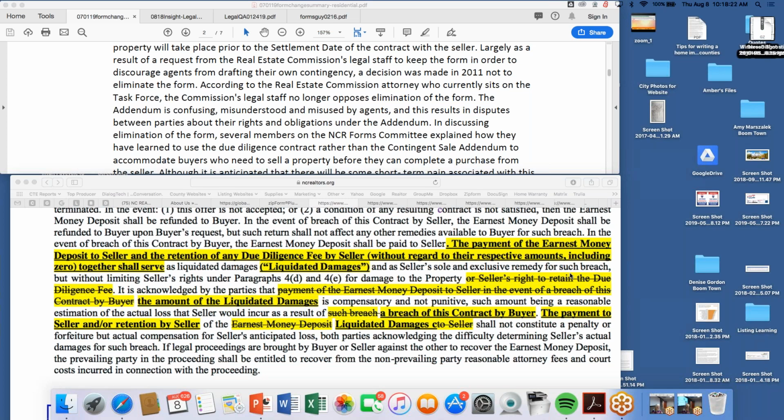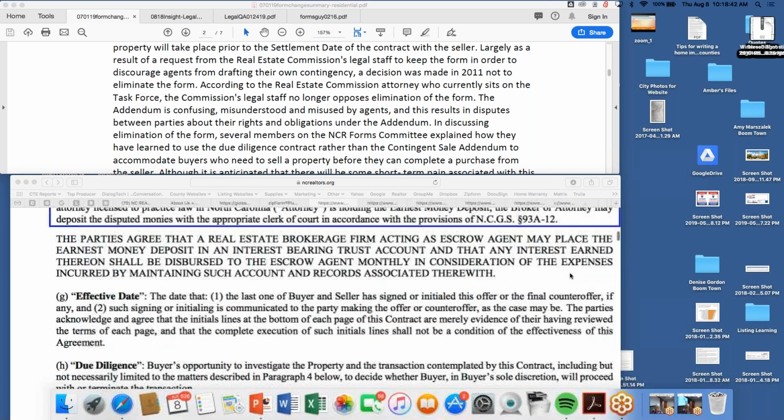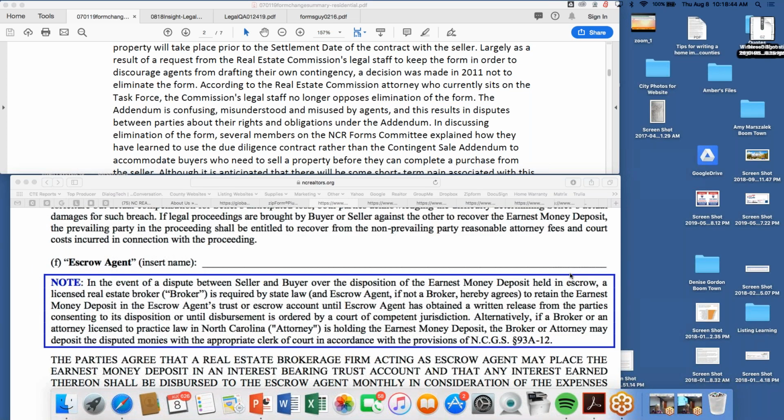So with the due diligence, the earnest money deposit, if they backed out, was refunded. The due diligence was not on a contingent sale. Right. So on the contingent sale, the due diligence has not been something that would be given back, but this is in general. I was popping back up because for some reason the internet got slow and all the information that I had froze for a second.